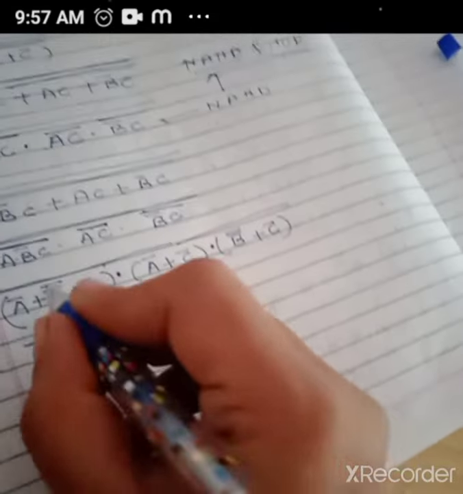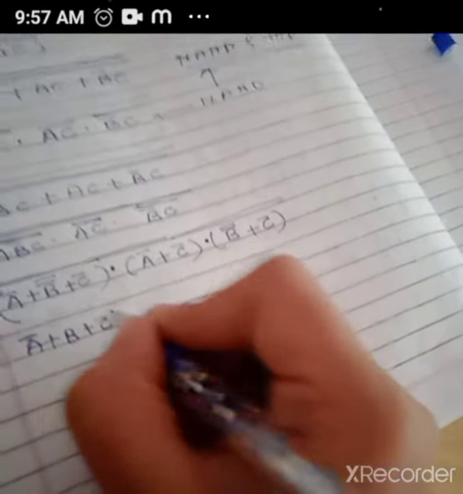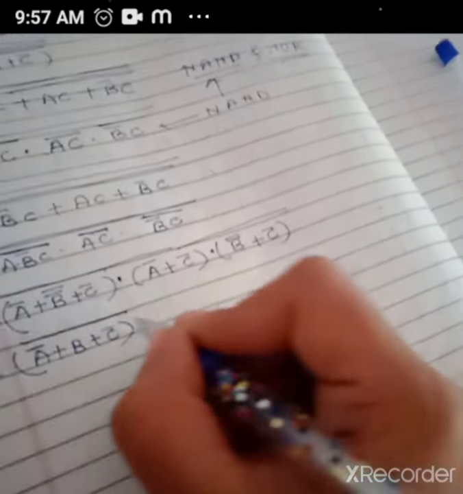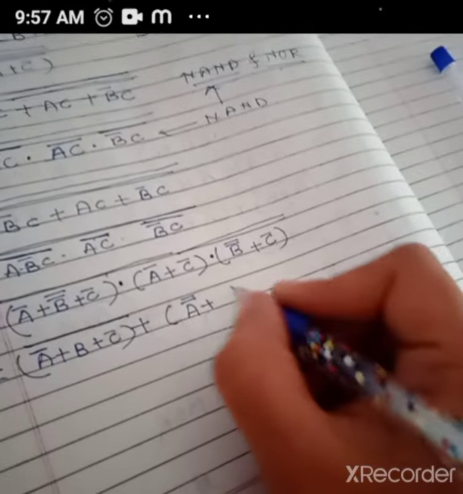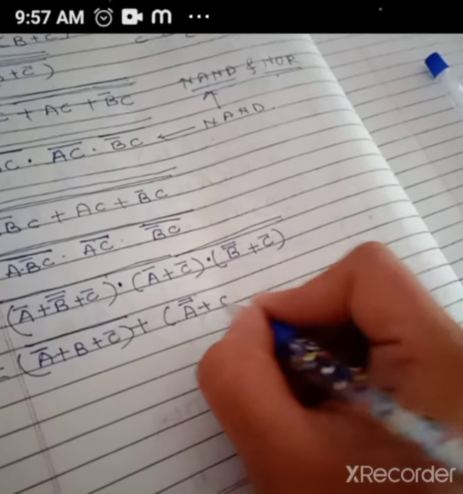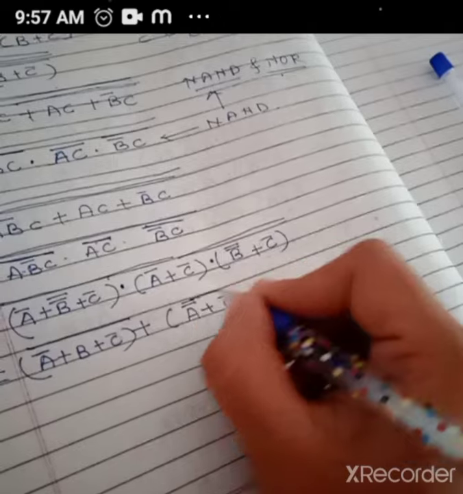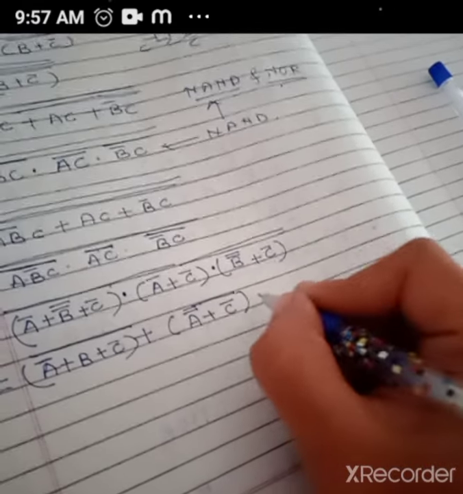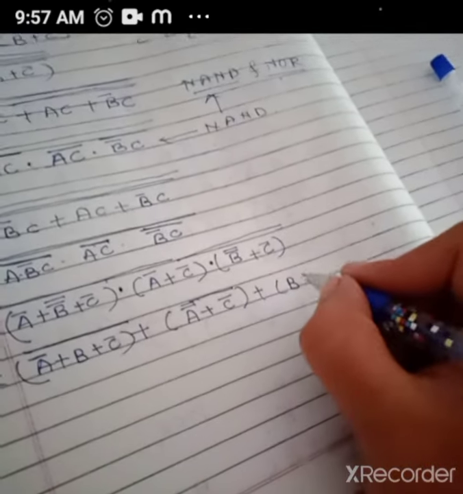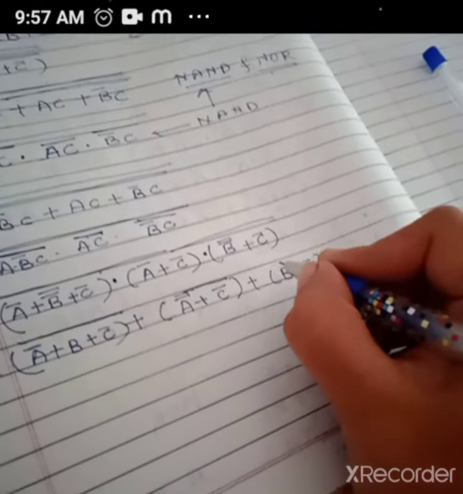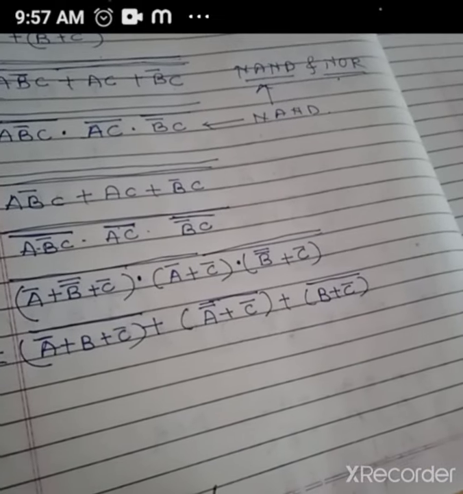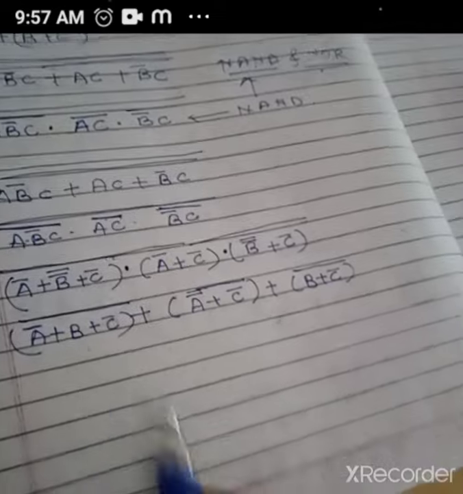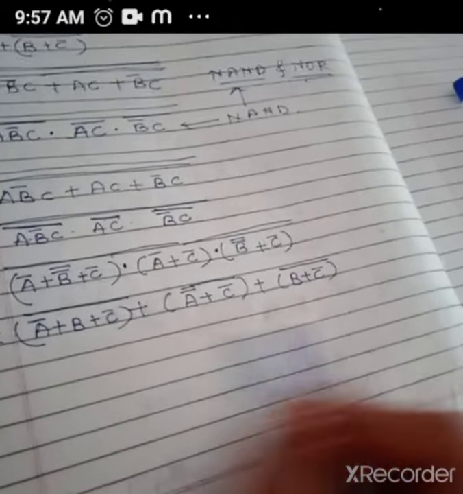A bar double bar will get cancelled, plus bar. So now you can see the whole equation is converted into NOR. There is only plus and complement.